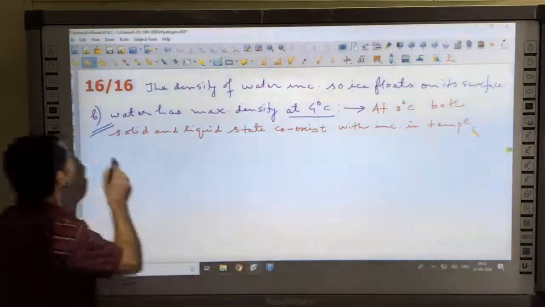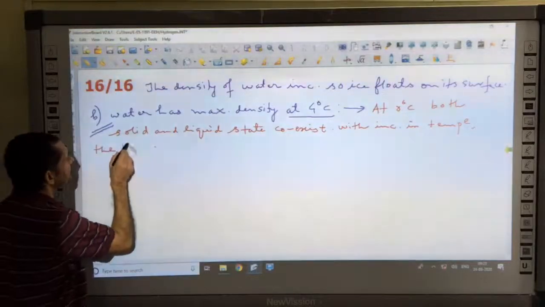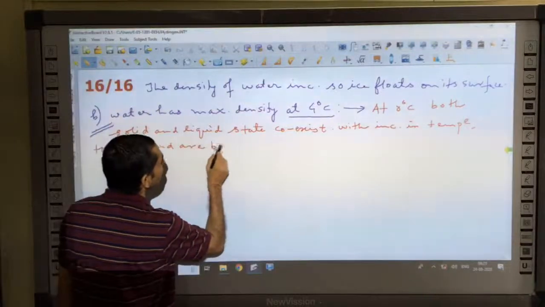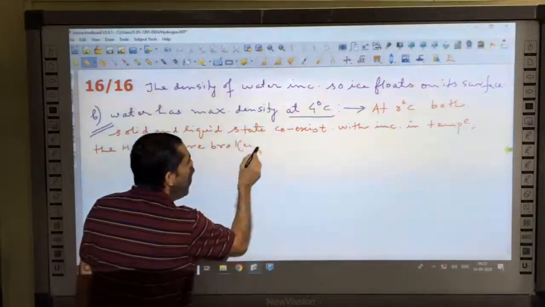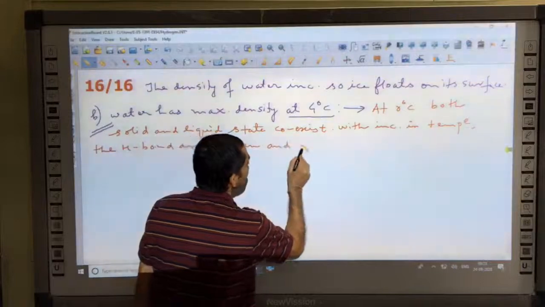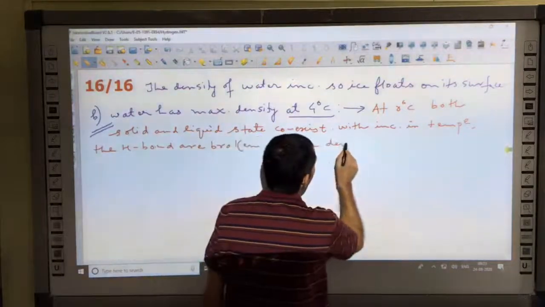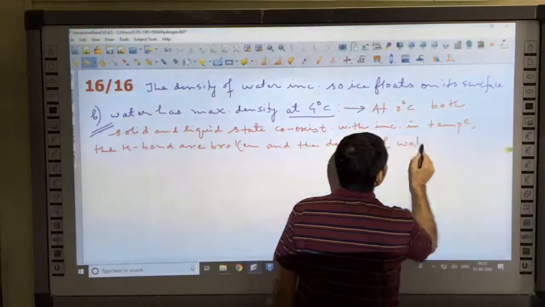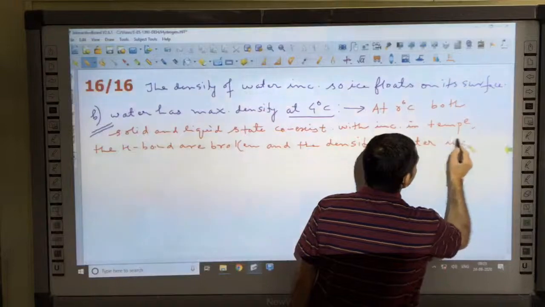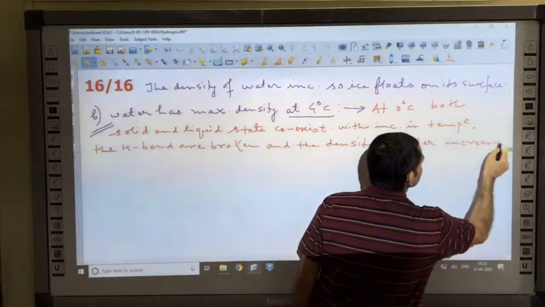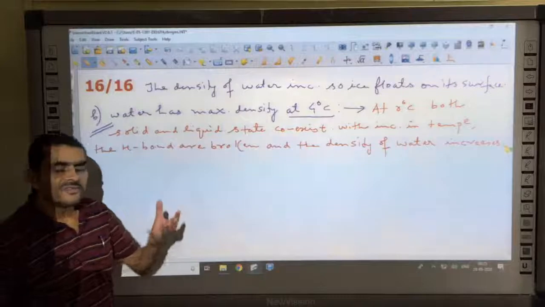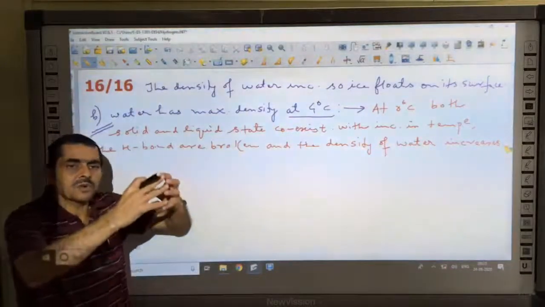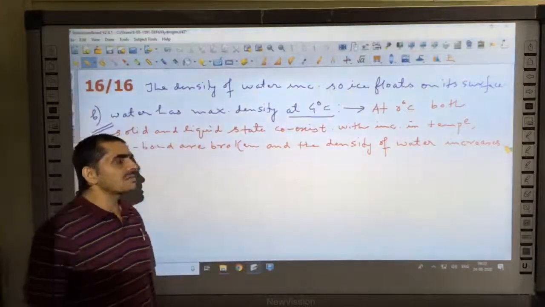With increase in temperature, the hydrogen bonds are broken, just as I have told you, and the density of water increases. With increase in temperature, hydrogen bonds will split. Water molecules will come closer to each other. Density of water will increase.